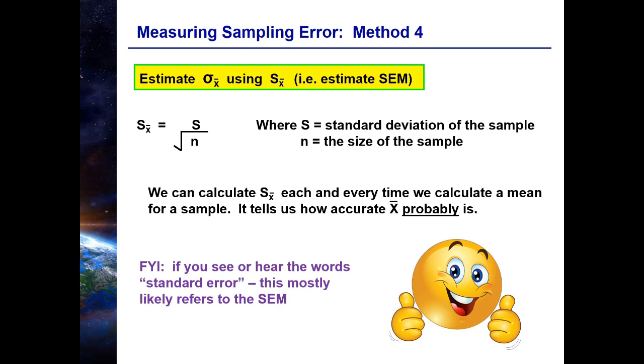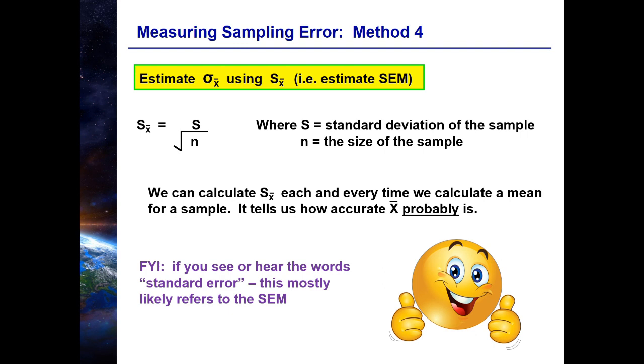Now, sometimes when you are reading an article or maybe sometimes in my book, I might refer to just standard error, or SPSS. A lot of times SPSS just talks about standard error.